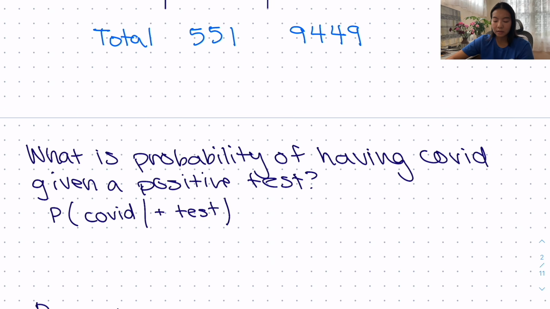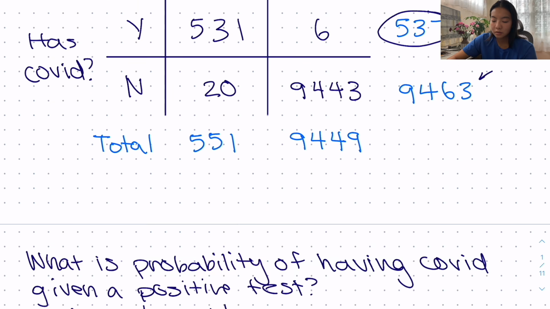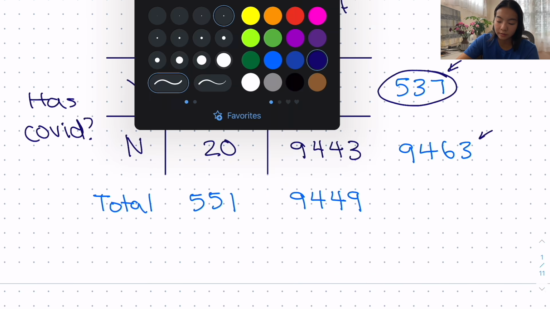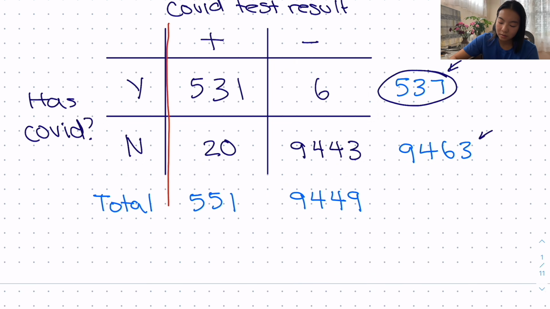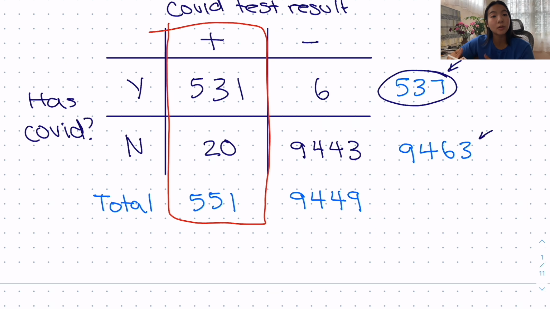So what is the probability of having COVID given a positive test? What this is asking is, okay, let's go into this condition. The condition of having a positive test, that is this slice of the data, right? That means if you're in this slice of data, you have a positive test. So given that we have a positive test, in this circumstance, what's the probability that we have COVID?